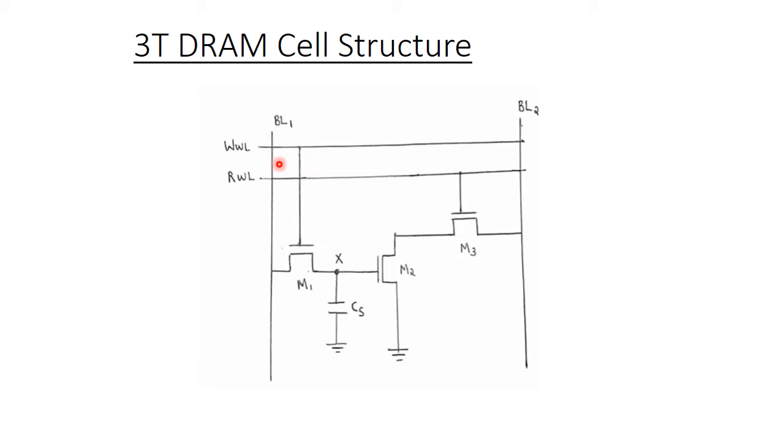Another difference is that in 6T SRAM configuration the cross-coupled feedback storage is used to store the value, whereas here in dynamic RAM we are making use of capacitive storage. The capacitor we are using here is CS, which represents the capacitor for storage. This is the place where we are going to store the data. So this is the key difference between 6T SRAM and 3T DRAM.